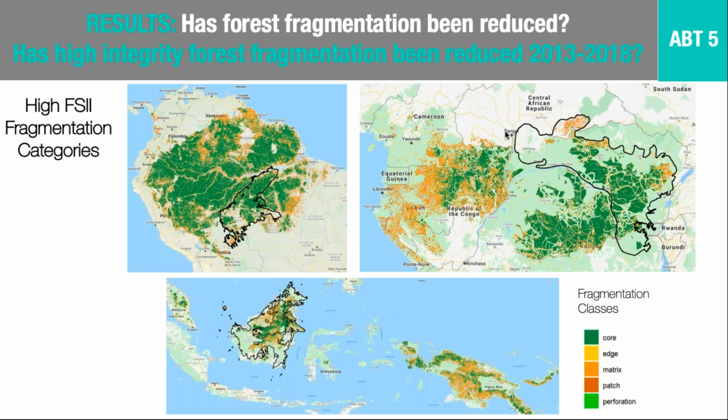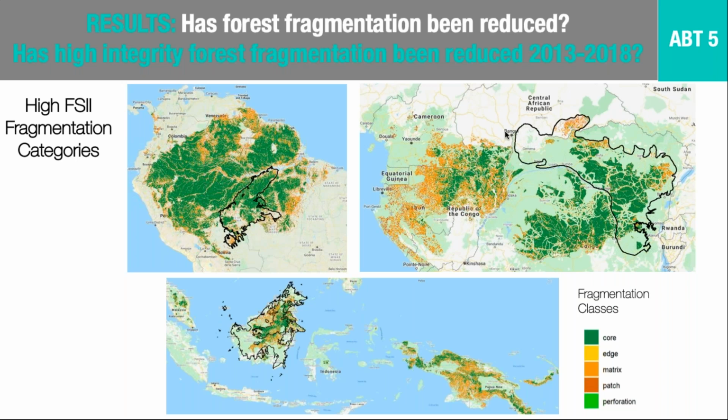And the fragmentation classes are shown here with a slightly different color scheme than before. But again, core forest is that green color. And the more fragmented classes will be in the orange and yellow colors.